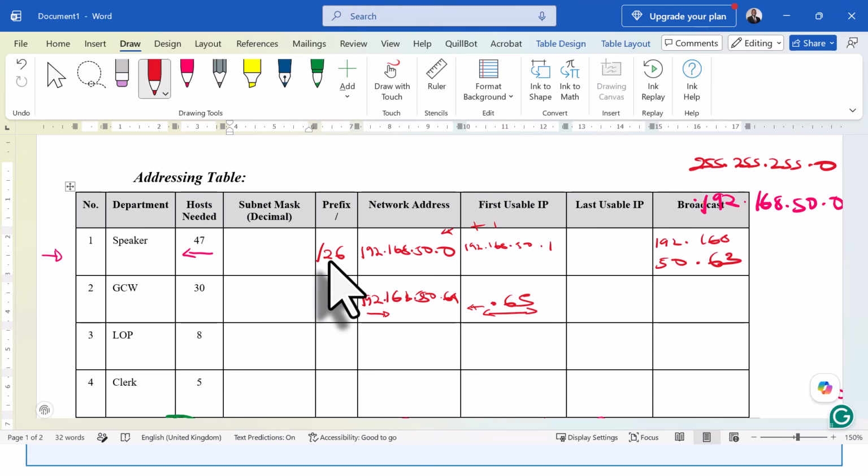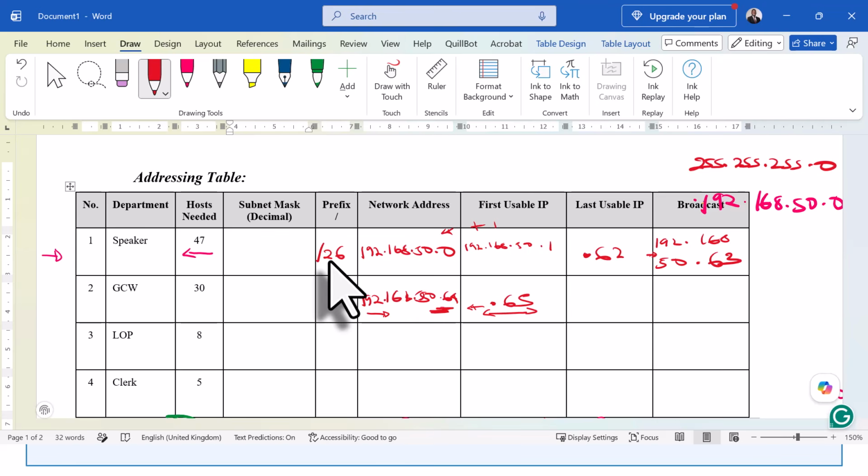It is 63 because our next address starts at 64. So it just makes sense that this starts immediately where this one stopped. So our last usable, you just subtract 1 from our broadcast. Have you seen that the moment you have the network address, everything else becomes easy? Even when you have the broadcast address, the next one becomes easy. So this one will be .62 because I have subtracted 1 from 63.